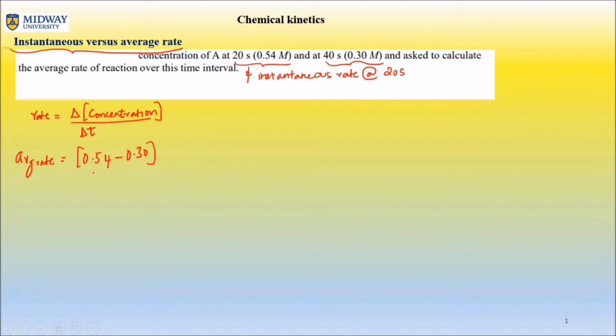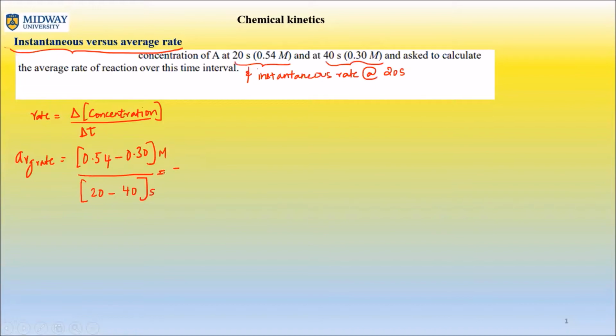If you're talking about a reactant, technically 0.3 should be in front, but again, it's not that big of a deal, over your corresponding times, which is 20 minus 40. You would eventually get the negative out there, right? The corresponding time is, so you'll have a negative. So this is the time, and this is the concentration.